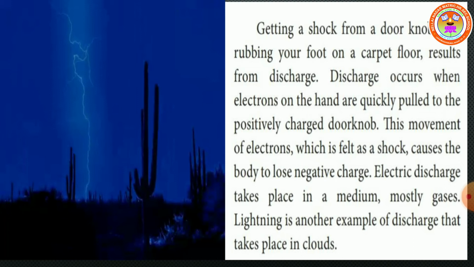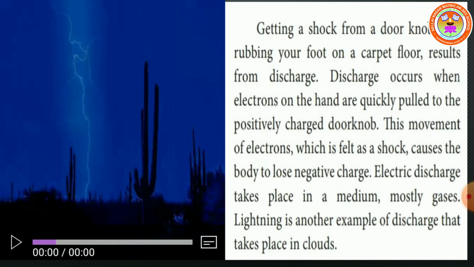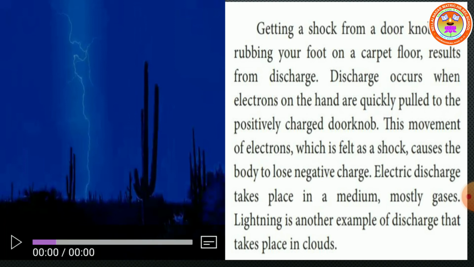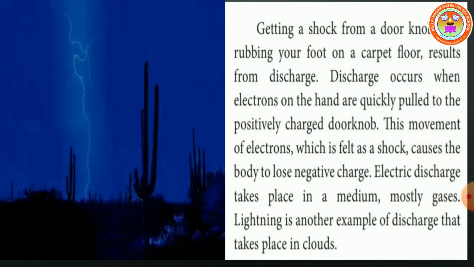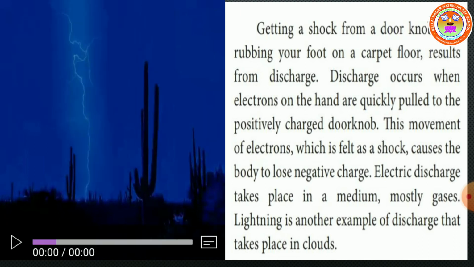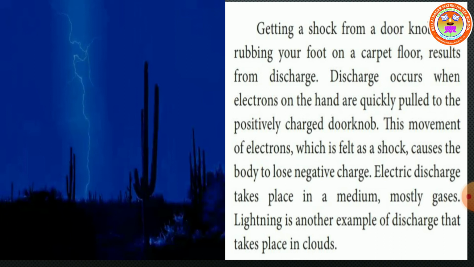This movement of electrons, which is felt as a shock, causes the body to lose negative charge. Electric discharge takes place in a medium, mostly gases. Lightning is another example of discharge that takes place in clouds.